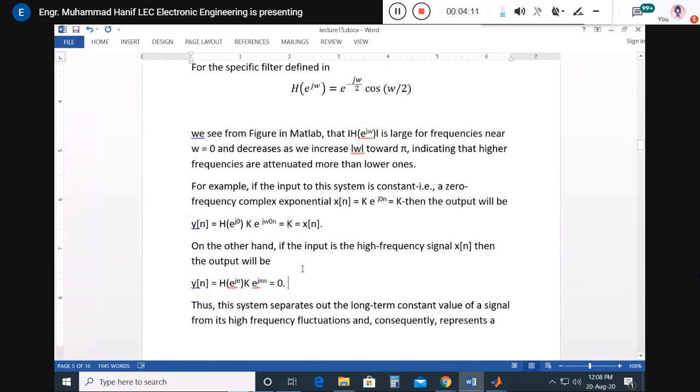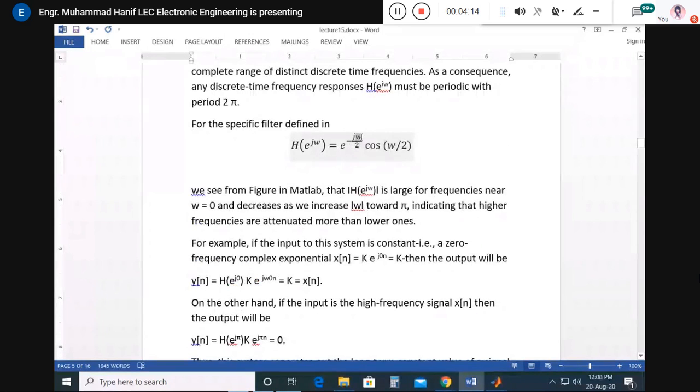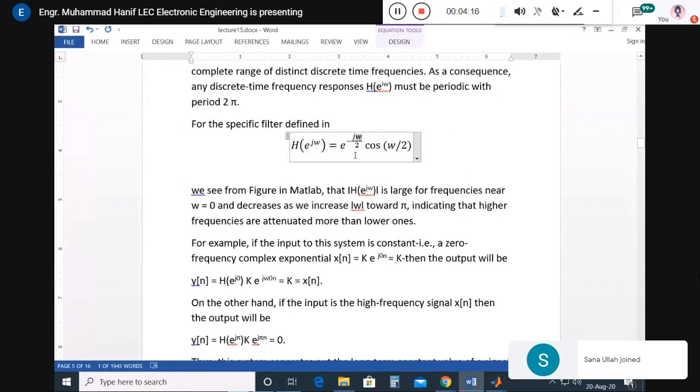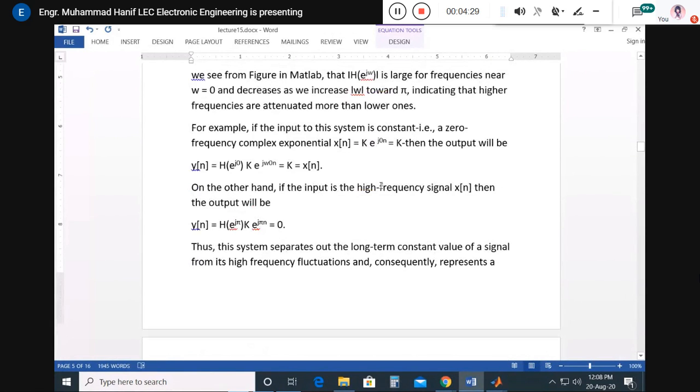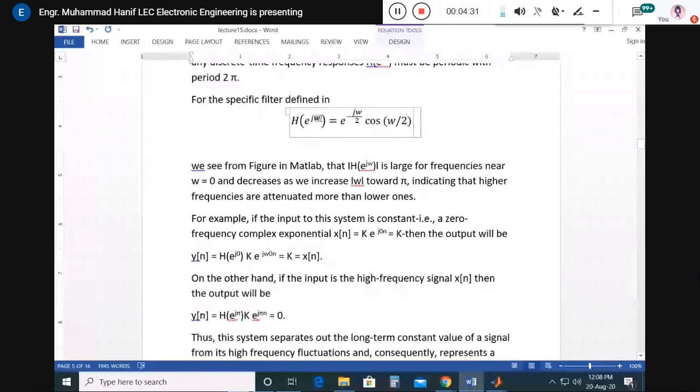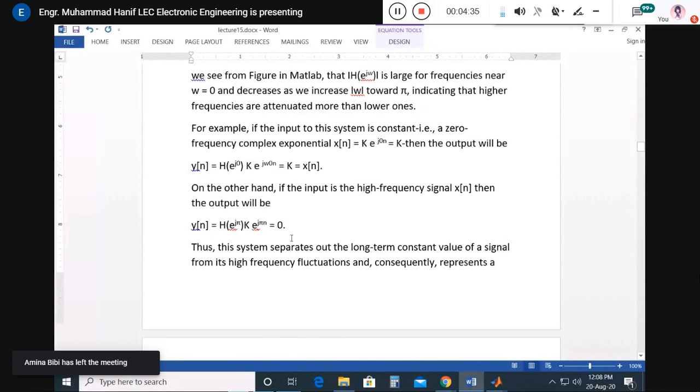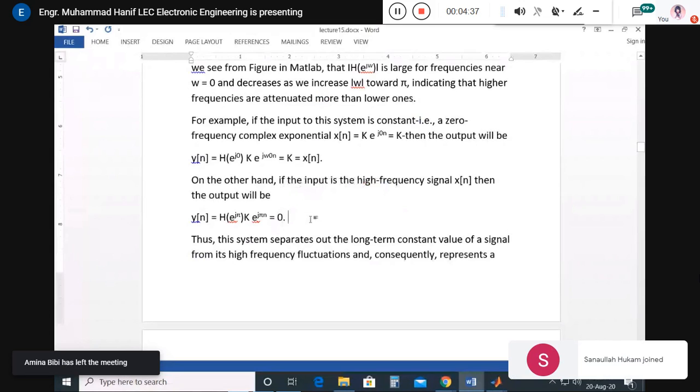Then again, if we put omega is equal to pi in this equation, e raised to power j pi by 2 is equal to cos pi by 2 plus j sin pi by 2, which is equal to j. But if we put omega equals pi, then cos pi by 2 equals 0. So the frequency response for omega equals pi from this equation equals 0. So output will be equal to 0.